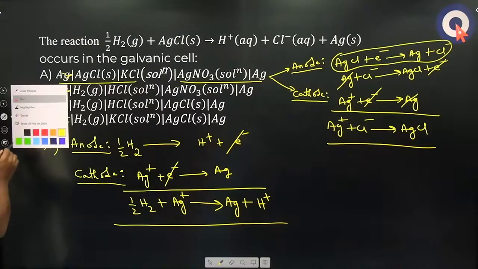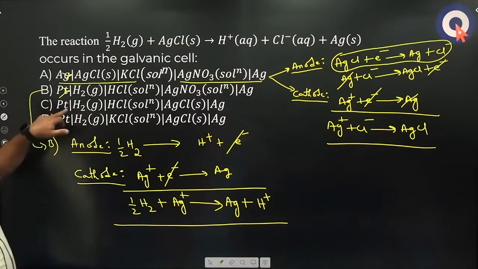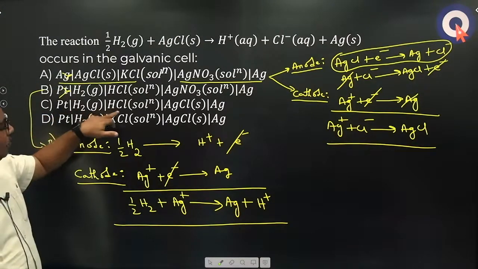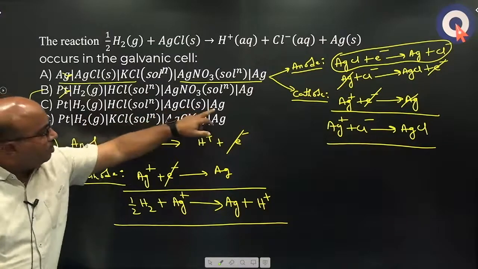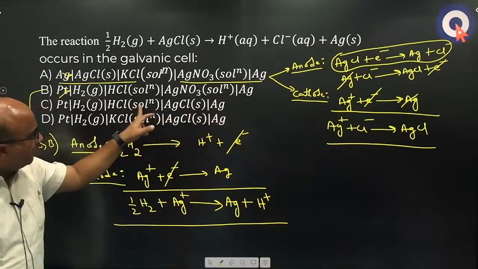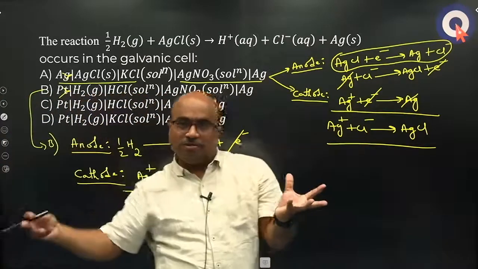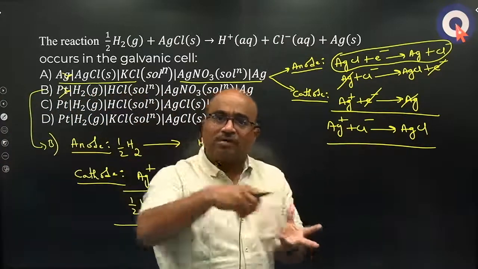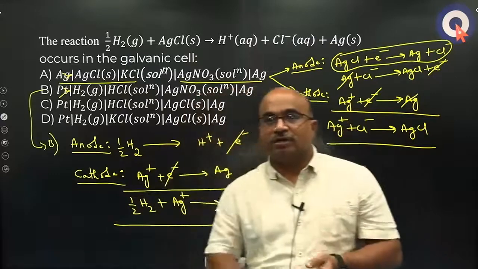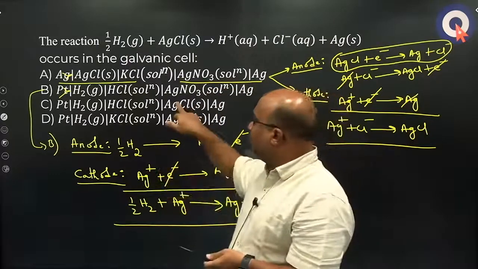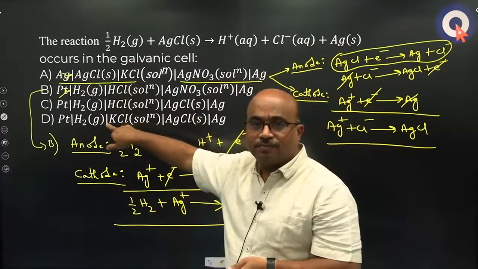So let us see the other thing. H2 in the case of HCl, and AgCl is a solid which was dissolved in HCl. So your HCl solution is common for anode and common for cathode, because we dissolved AgCl in HCl solution.